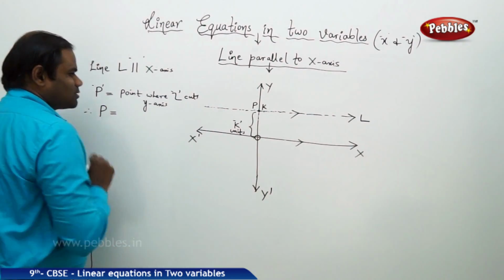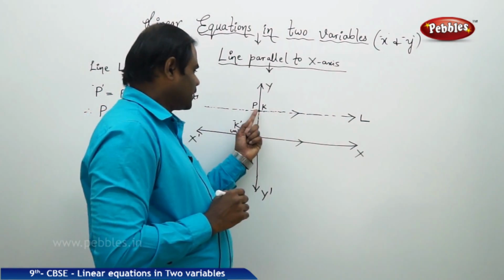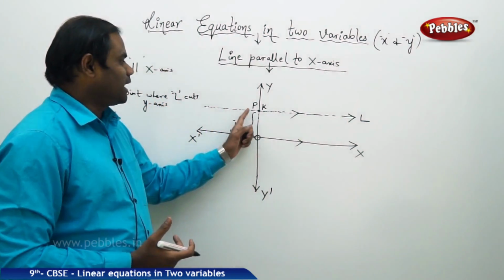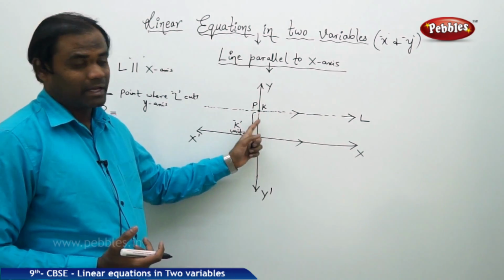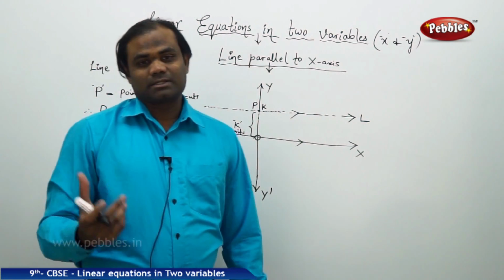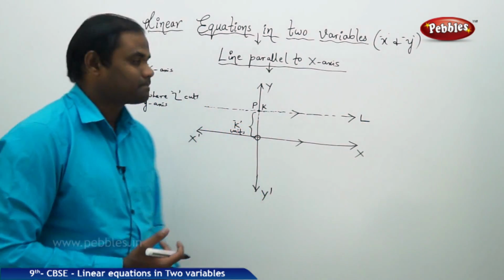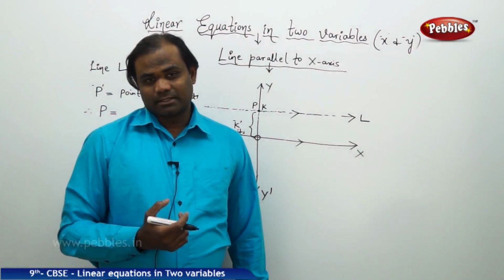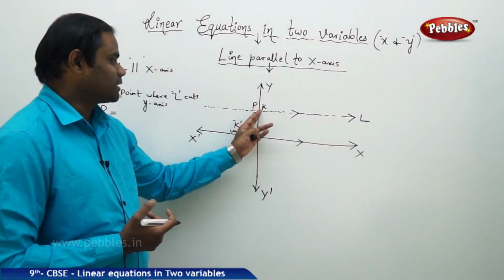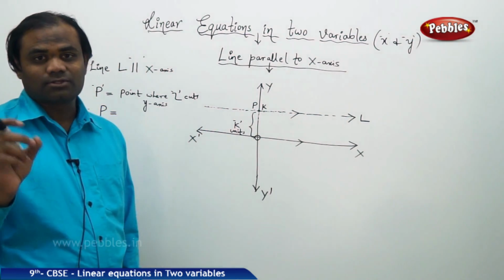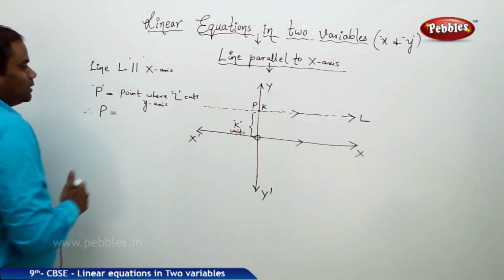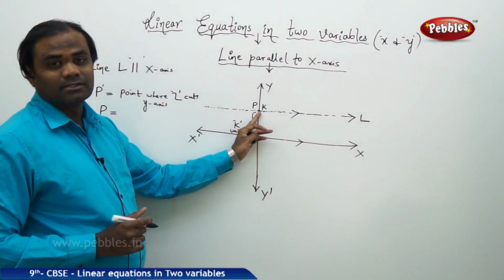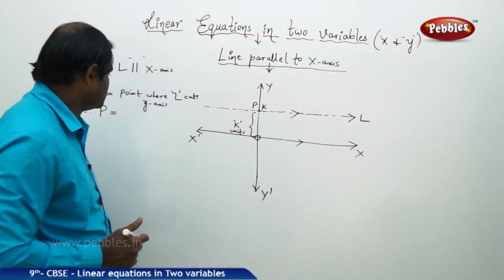Because it cuts the y-axis, P must be the y-intercept. If a line cuts x-axis, that point is the x-intercept. If the line cuts y-axis, that point of intersection is called the y-intercept. So P is the point where the line L cuts y-axis, as seen in the diagram.